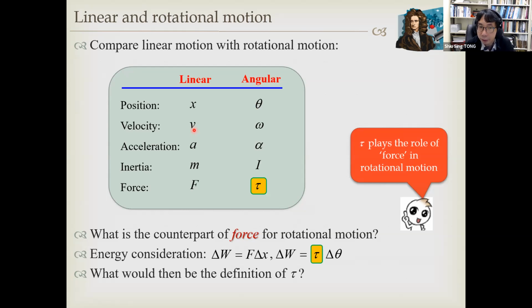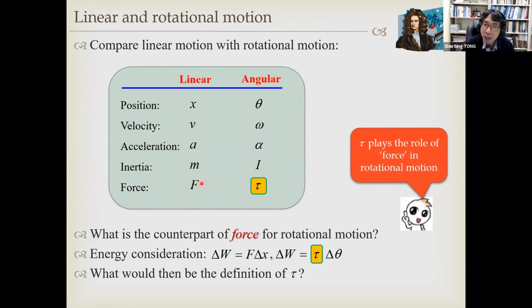For linear motion, we have linear velocity. For rotation, we have angular velocity. The linear acceleration goes to the angular acceleration. The mass m goes to the moment of inertia. So we have a one-to-one counterpart between the two formulations.